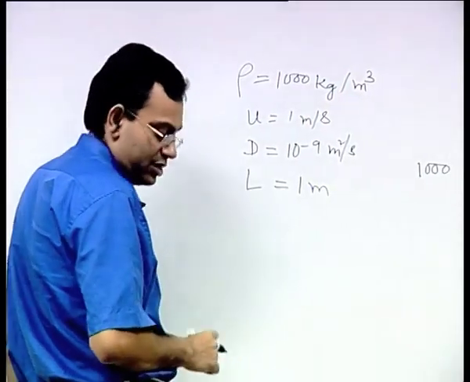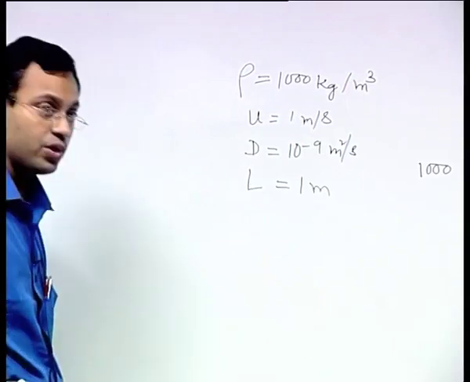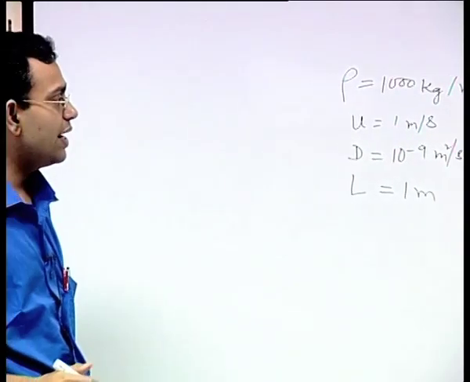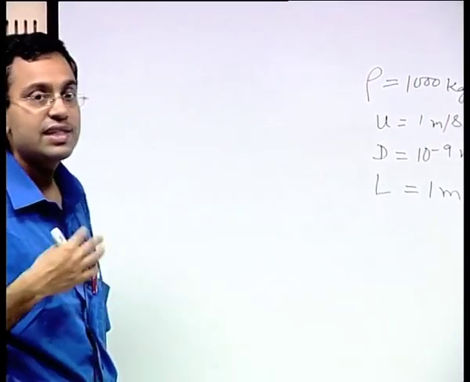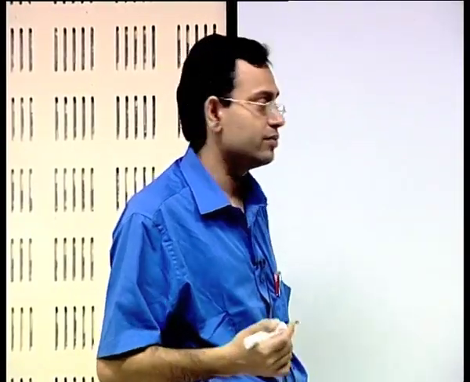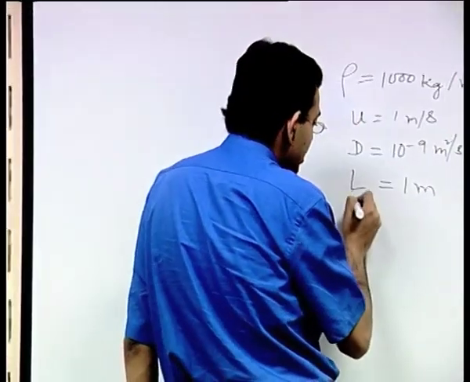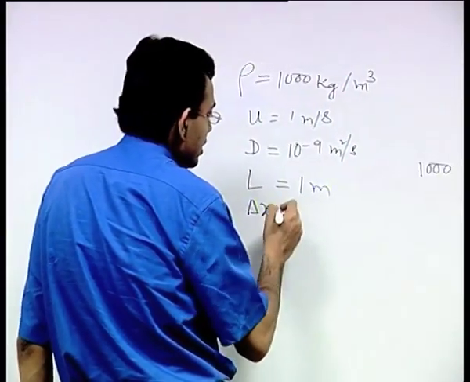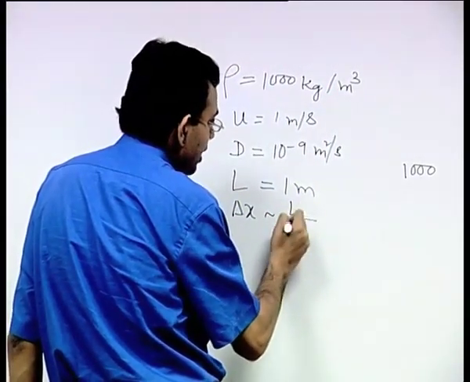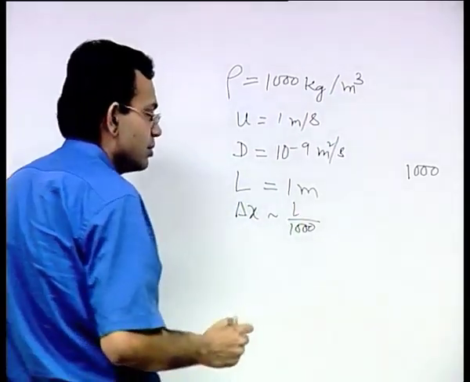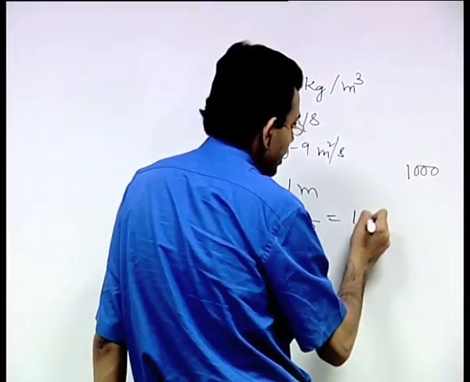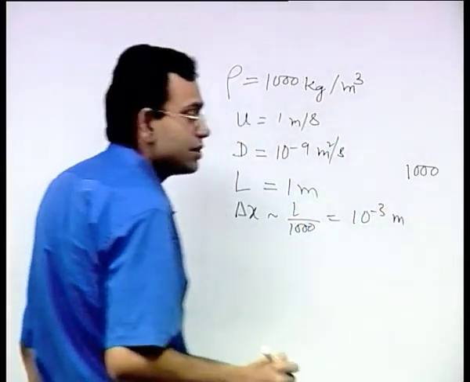So here, as a very simple approach, we will calculate the cell Peclet number and see whether it is less than 2 or not. The characteristic delta x is of the order of L by 1000, so that is 10 to the power minus 3 meter, that is the characteristic grid spacing.